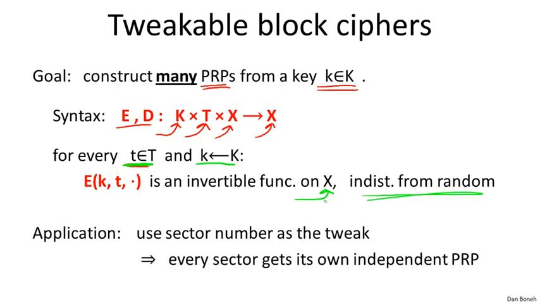In other words, for every setting of the tweak, we get an independent PRP from X to X. And as I said, the application for this is that we're going to use the sector number as the tweak, and as a result, every sector is going to get its own independent PRP.